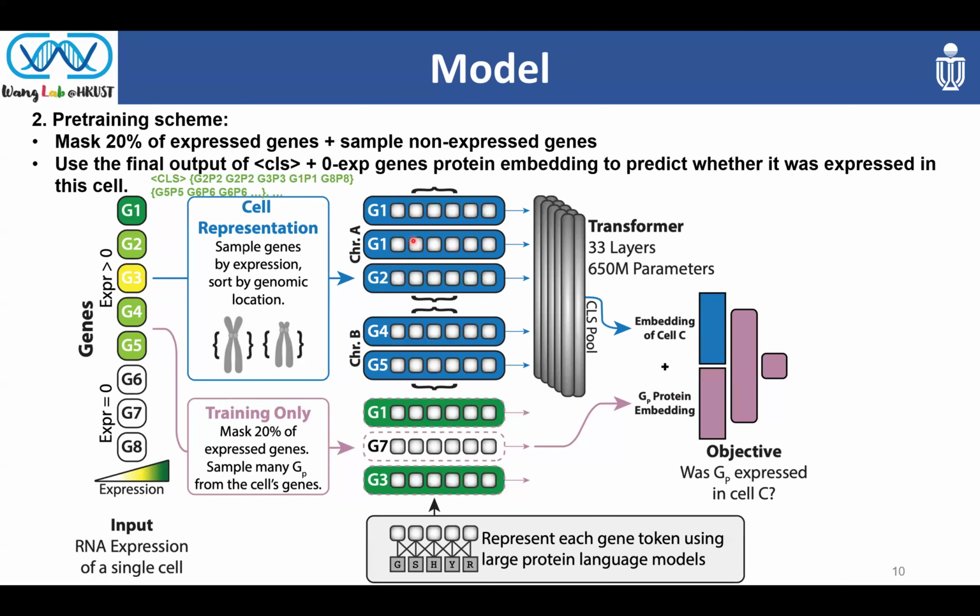So what about the meaning of the chromosome? Because you mentioned that there are many species. Are they the chromosomes from different species, or just A and B, abstract or something? Oh, here A and B represent different chromosomes.